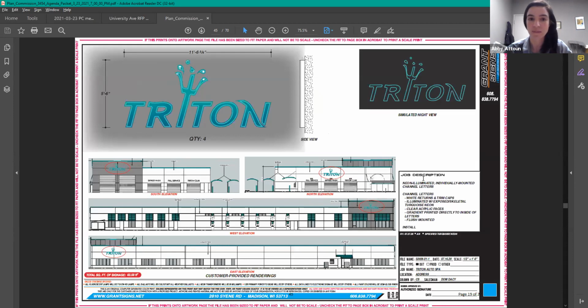There were concerns at the time that Triton was requesting a lot, and so they maxed out the capacity for the buildings, and now we're being asked to add another sign. I do favor having the dog wash sign, because it is in keeping with the size and the design of the signs that were already approved on the Triton building. But in my opinion, the Mocha coffee shop sign doesn't meet the intent of the city's sign code.